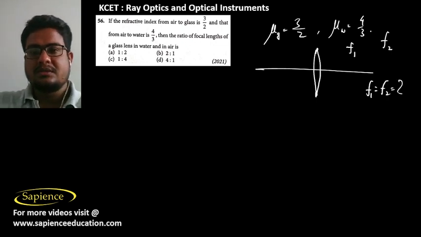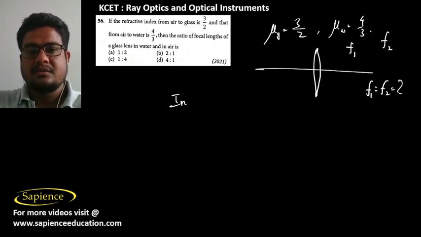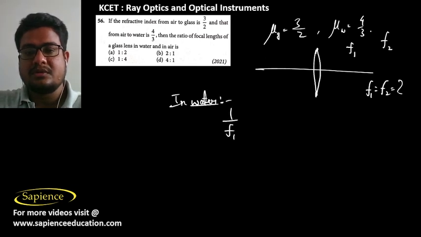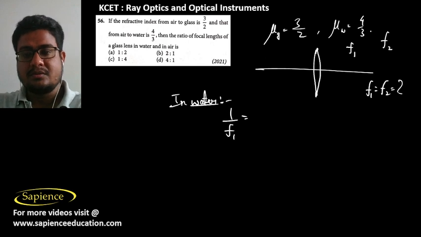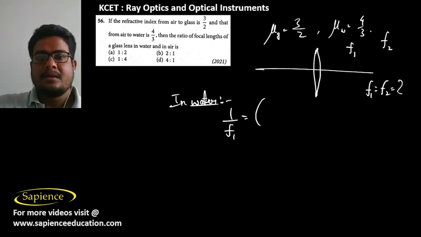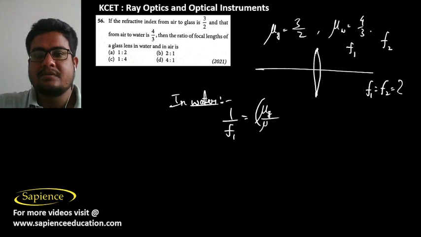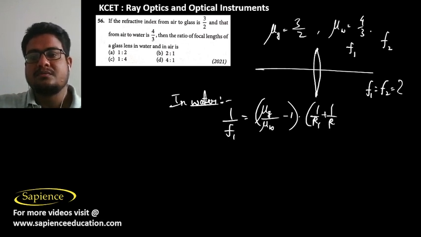The focal length of the lens in water: 1 by f1 will be equal to the refractive index of glass by refractive index of water, which is mu relative, minus 1, into 1 by r1 plus 1 by r2.